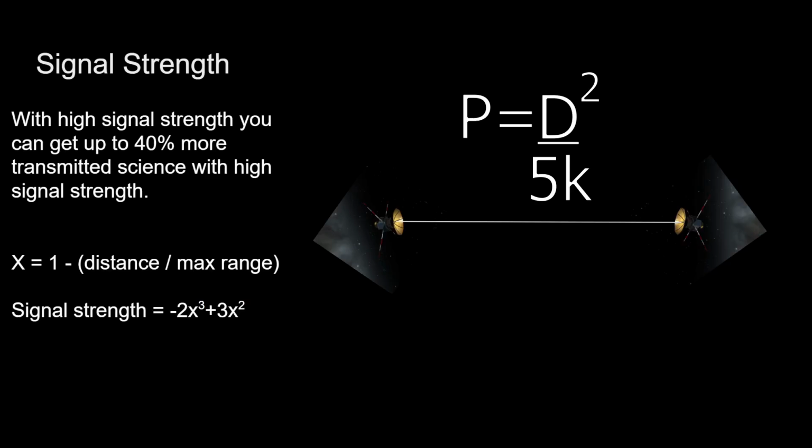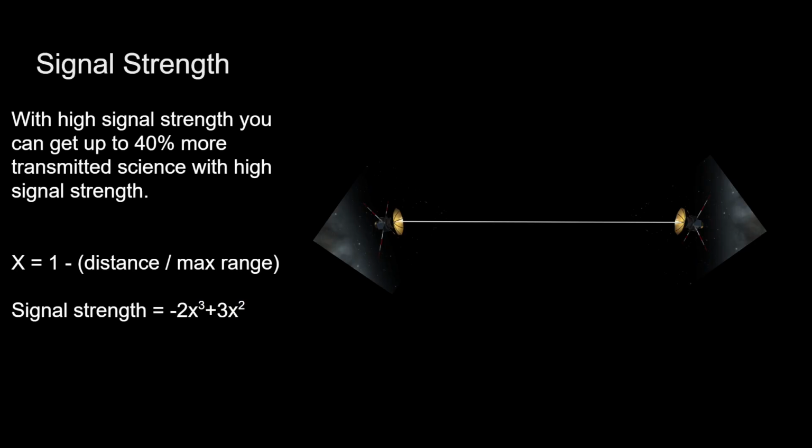One final thing, I won't go into too much detail, but signal strength. With a high signal strength, you can get up to 40% bonus with transmitted science. Basically, if you take x as 1 minus the distance between your relays and the maximum range, then the signal strength value will be negative 2x cubed plus 3x squared.